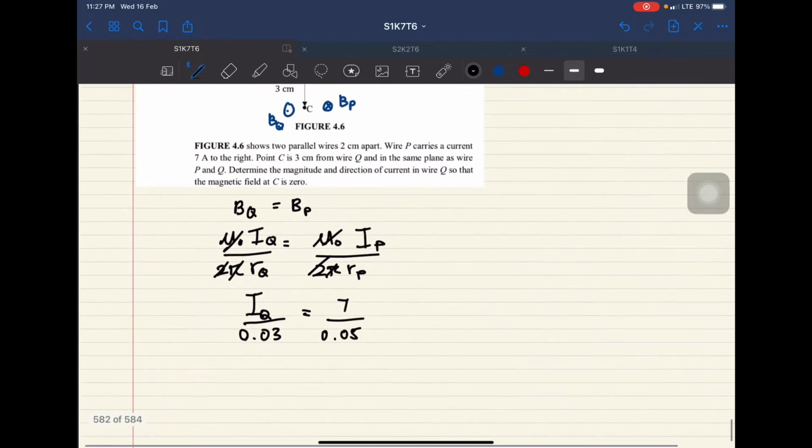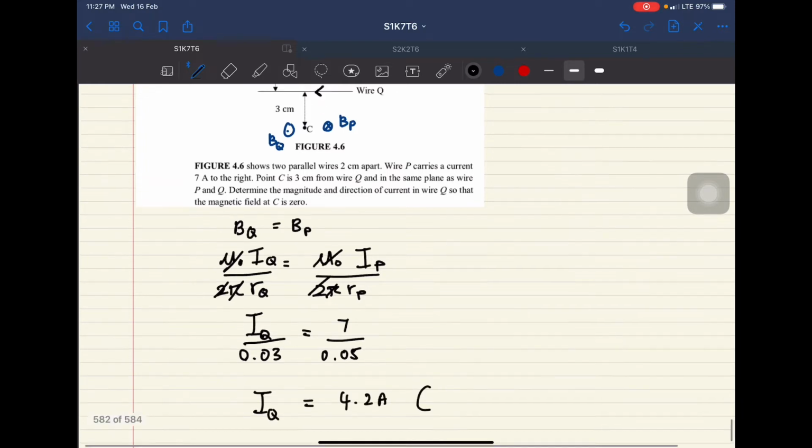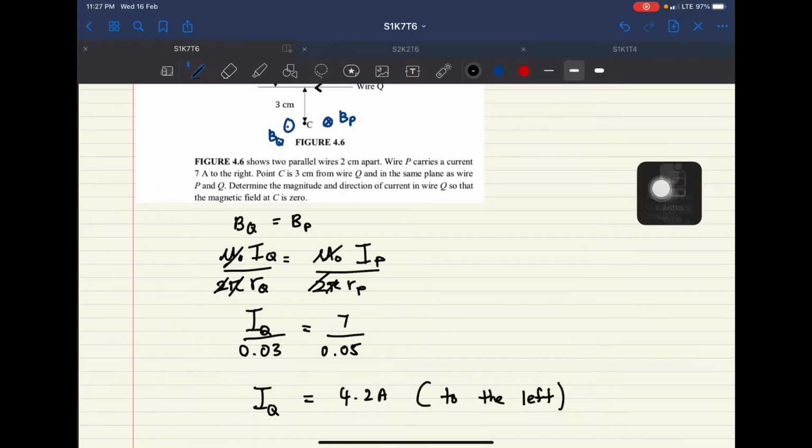Okay, so just press your calculator. I got here 4.2 ampere. So the magnitude of current in wire Q is 4.2 ampere, and the direction, as we already determined just now, will be to the left.